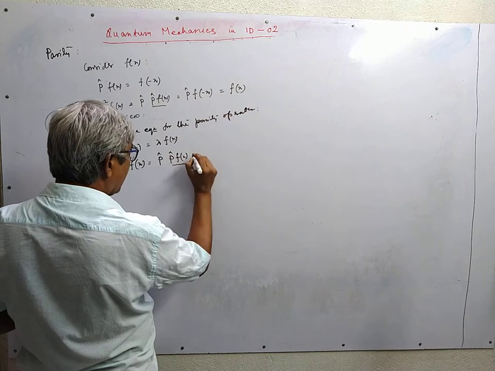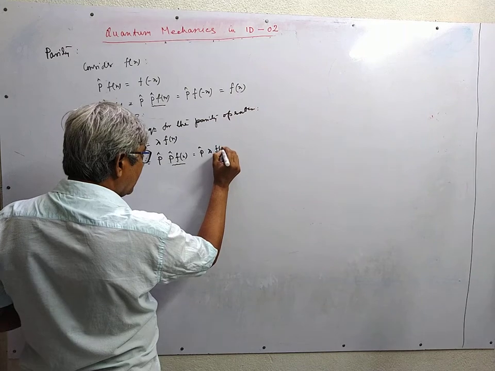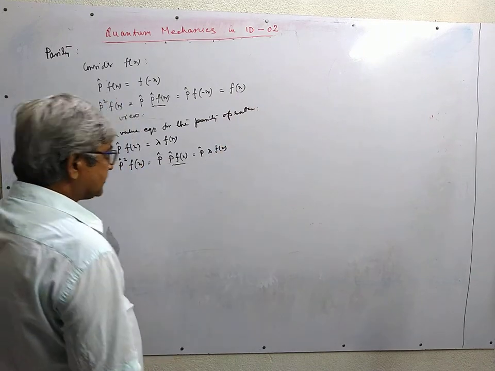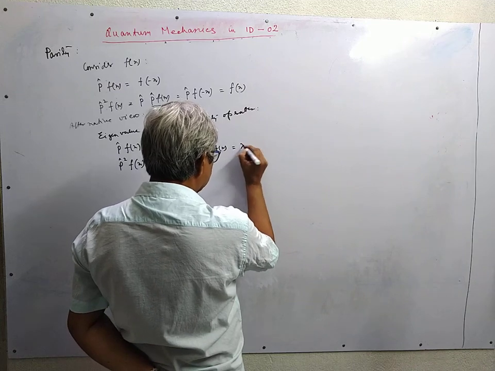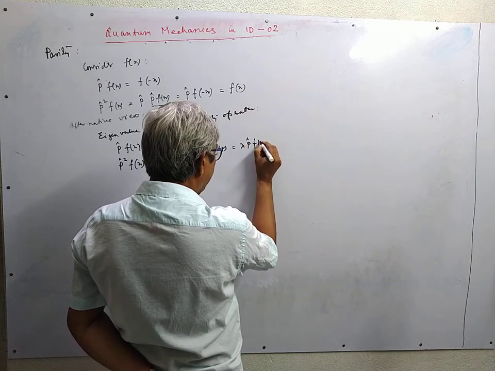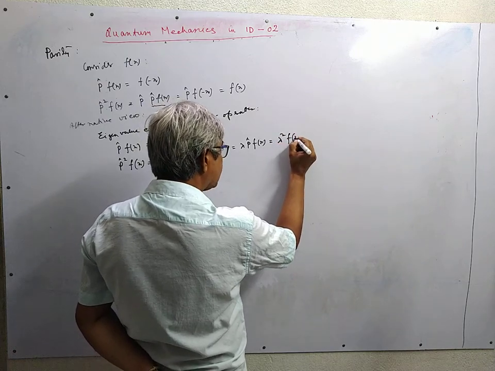This part is lambda f of x. Lambda being a scalar constant is not operated on by P, so this is lambda, and P operating on this gives lambda square f of x.